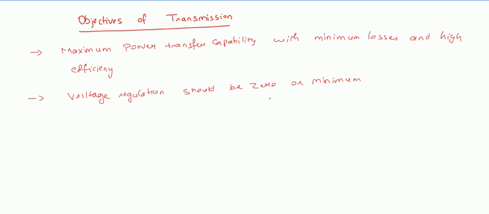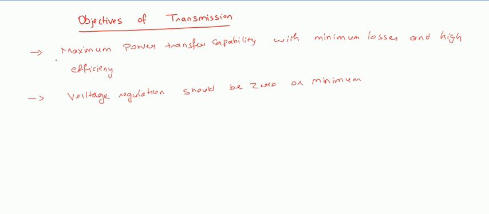The voltage at the receiving end should not drop by a very large amount, because it will affect the supply and cause more losses. If the voltage is low at the receiving end, it will require more current, and that will obviously increase the losses in the transmission line, and we will fail to achieve these objectives.